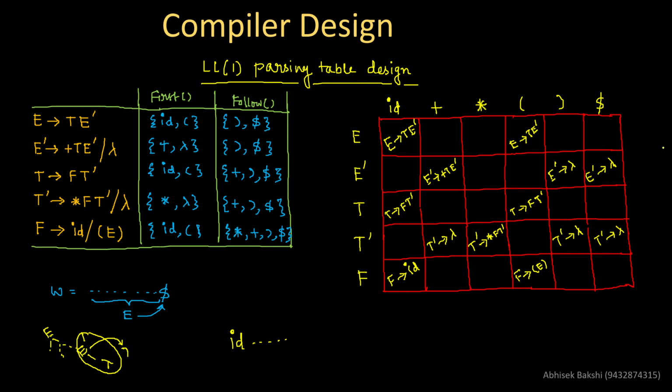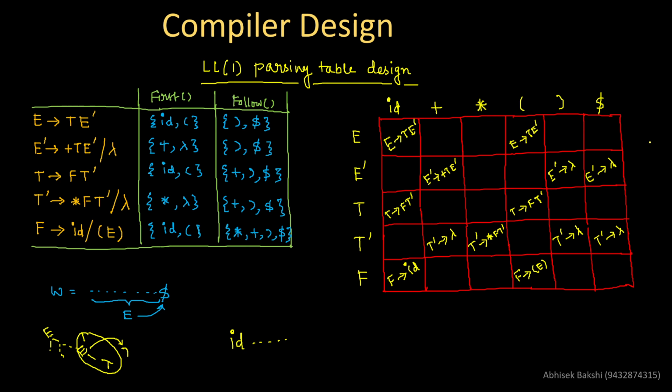So I hope how you can fill up the table is now a little more clear, but it is not clear how this table is being used by the compiler to realize whether a particular string is in the language.